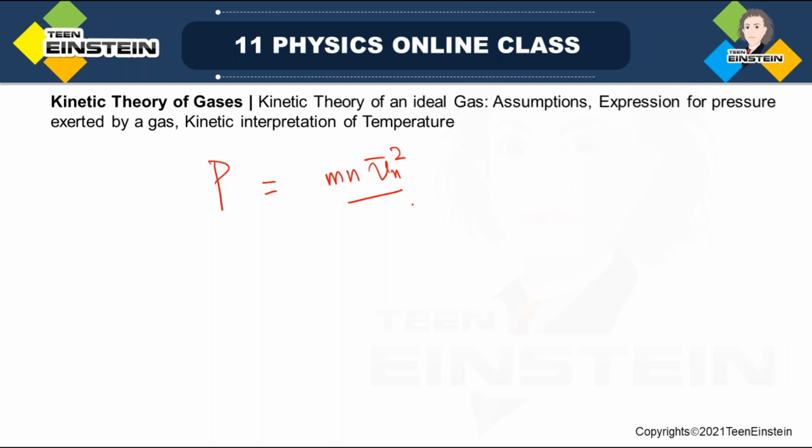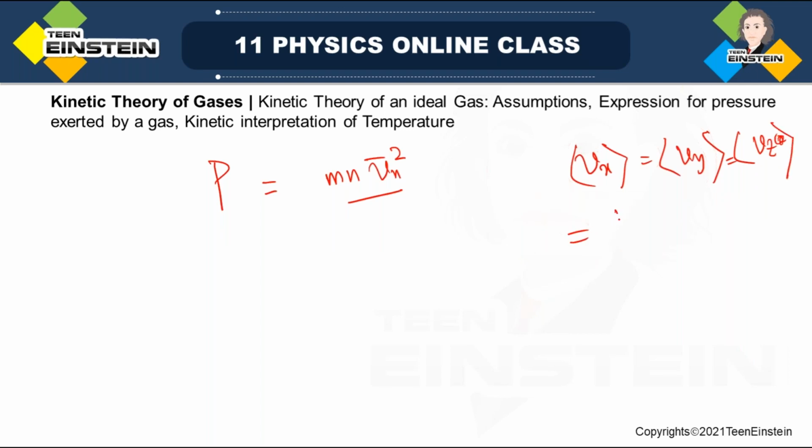Now, if we had considered only the motion of a gas along the x direction, if we consider other directions, Vx, then average Vy, then average Vz.